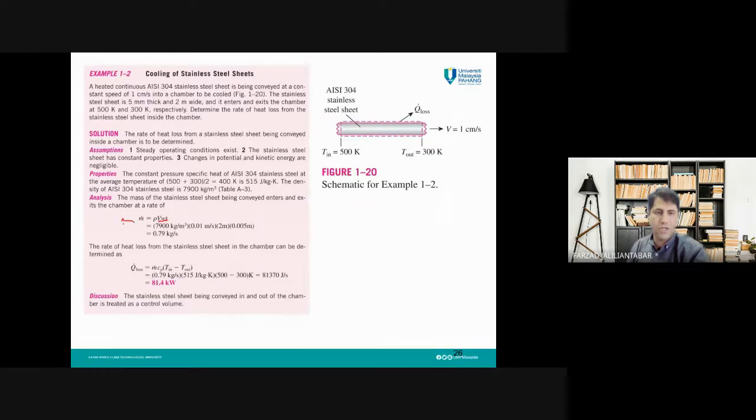You know, this equation is m dot equals rho V dot. Rho is the density of this substance, which is stainless steel.